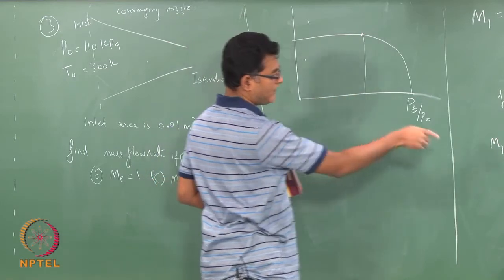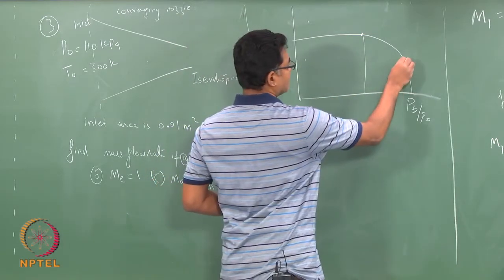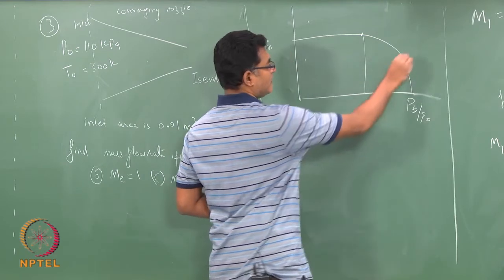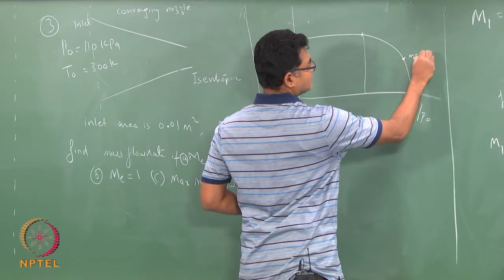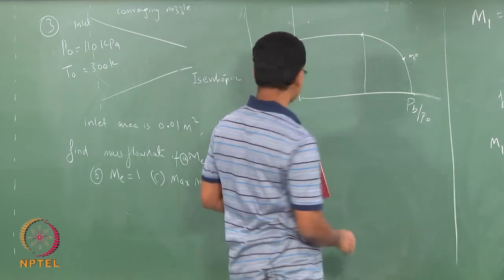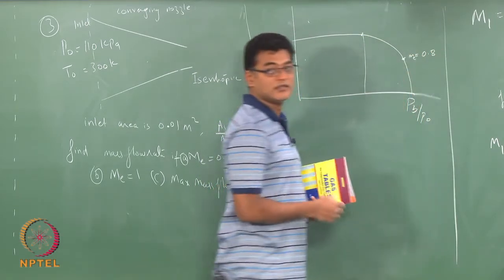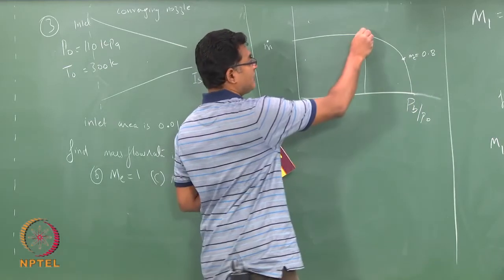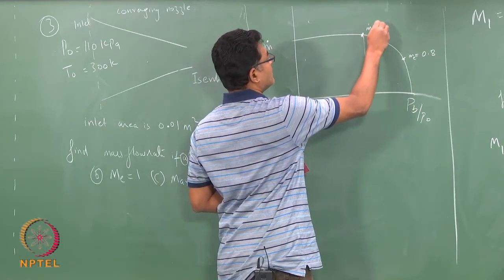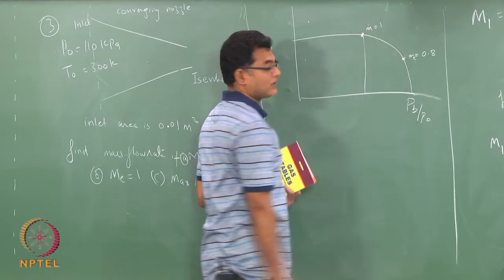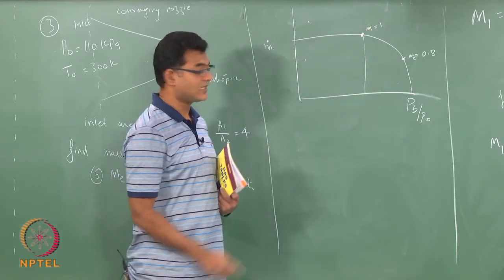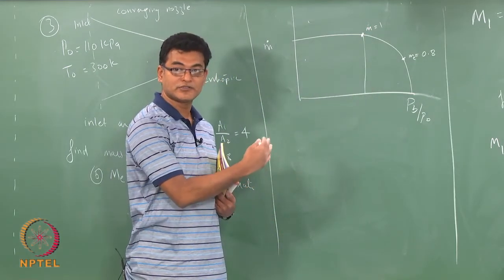Okay. So, what we have found now is somewhere here, where M exit is 0.8. Now, the question is to find m dot at M equals 1. Okay. So, the conditions have changed. So, m dot will also change.